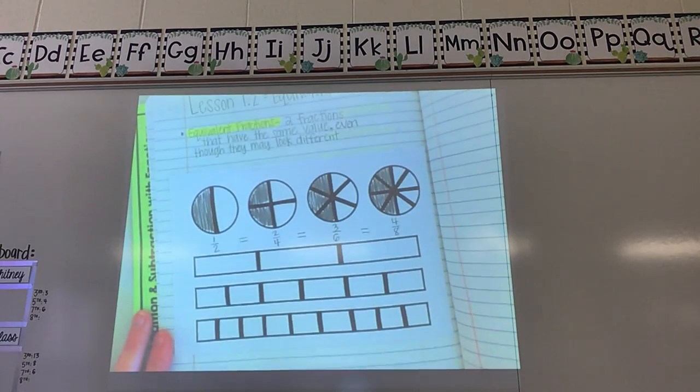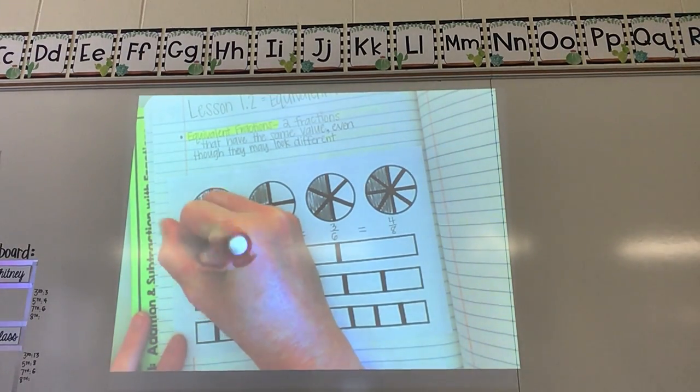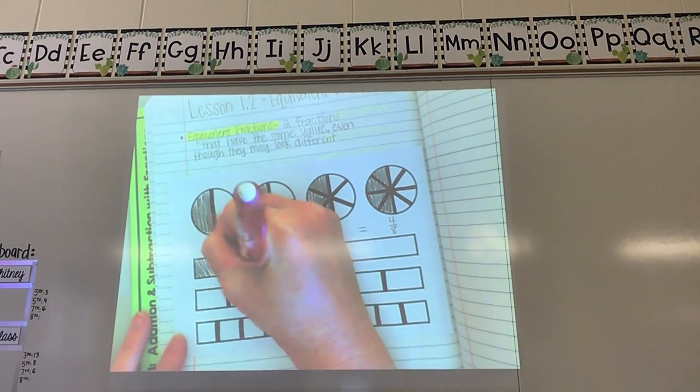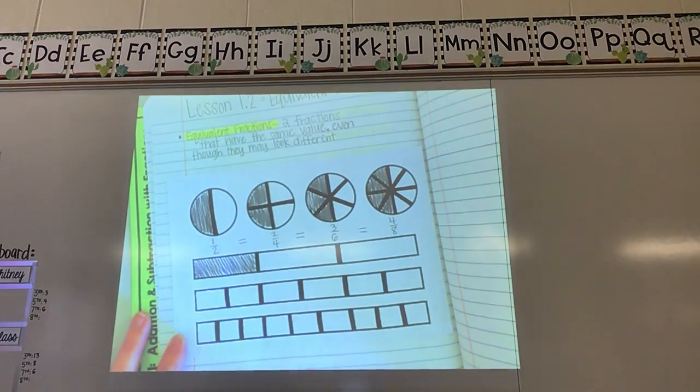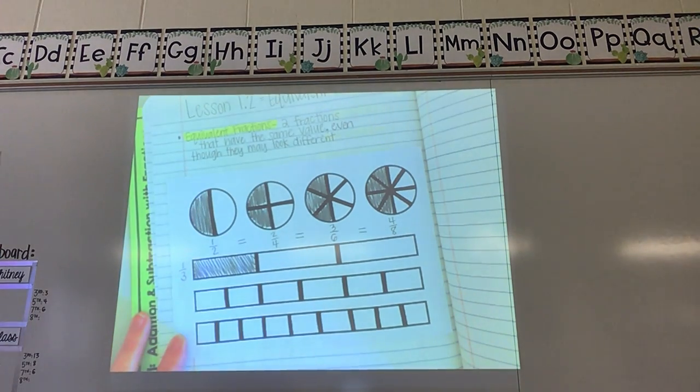Let's look at it also with some fraction bars here. I'm going to shade this first piece. And that means I have shaded 1/3 of the bar. So I'm going to write 1/3 out here. Now looking at this second bar, if I want to make an equivalent fraction, I want this one to look like the same amount is shaded.